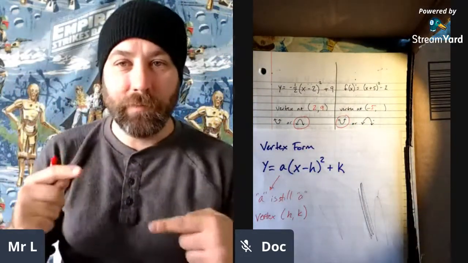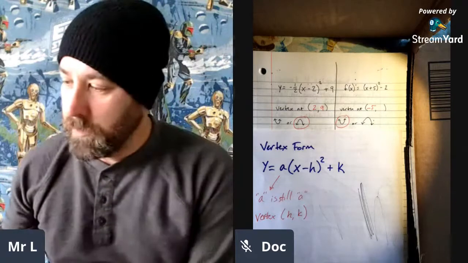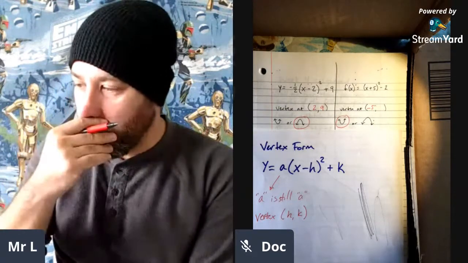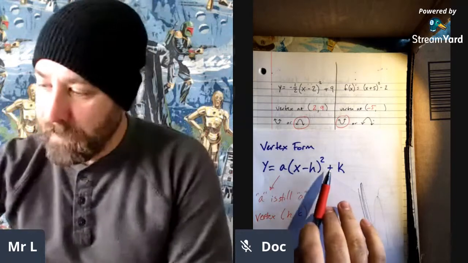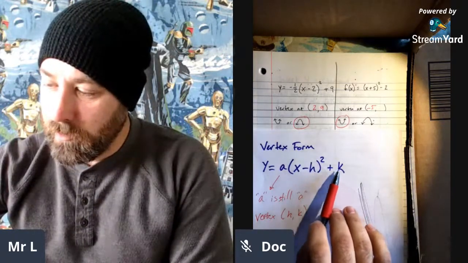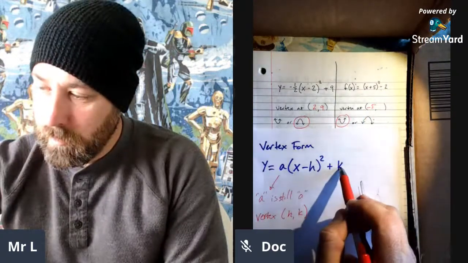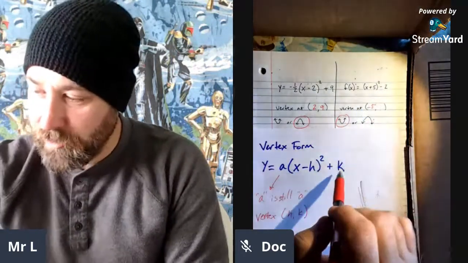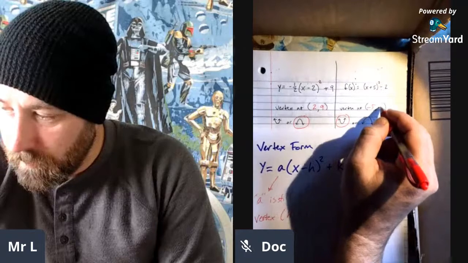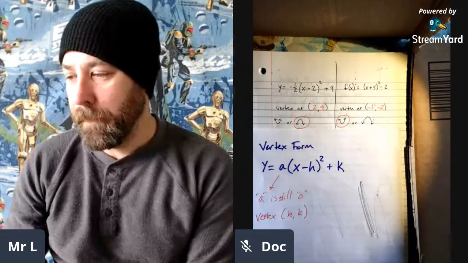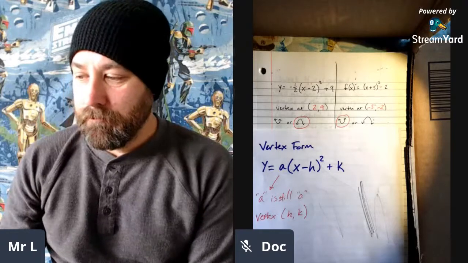The minus and the negative turn it to addition. In this case, k, if we have to subtract 2, then k would have to be a negative 2.